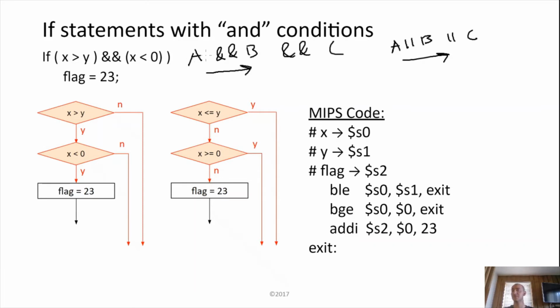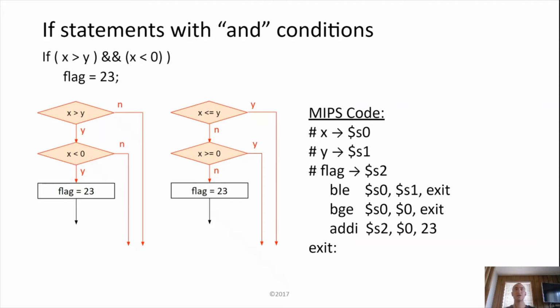But if it was false, you're not even going to check the next one, because it's already false. Even if all of the others are true, you're not going to run this line of code. But in the or, as soon as you get to one that is correct, you run this statement. That's the difference between and and or.